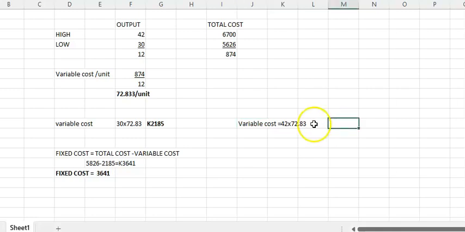What do we get? We are getting a variable cost of 305.86. This is the variable cost that we are getting.